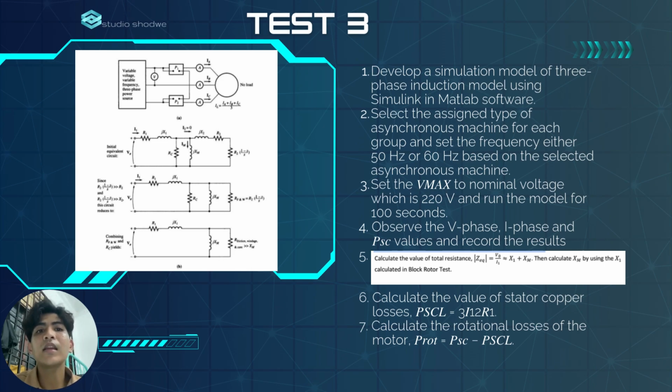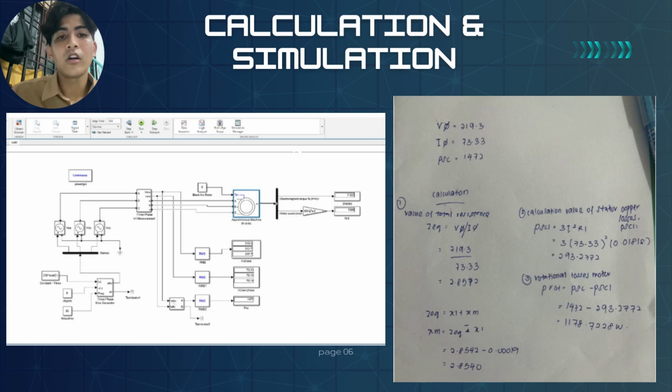Third, set the Vmax to nominal voltage 220 volt and run for 100 seconds. Fourth, observe the Vphase, Iphase and PSC value, record the result and do a calculation for the procedure that we give.